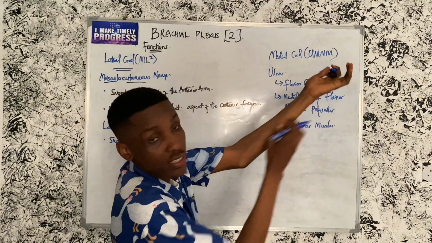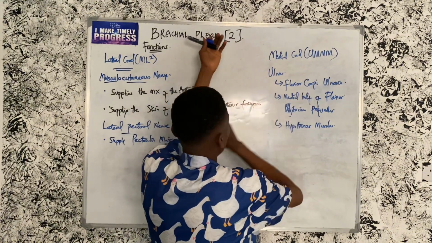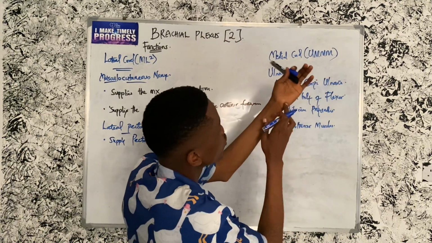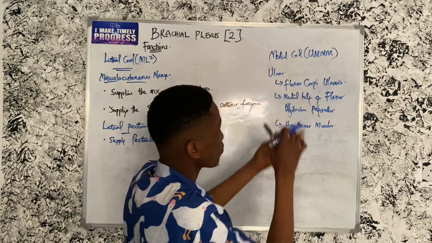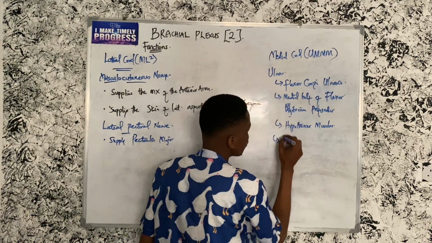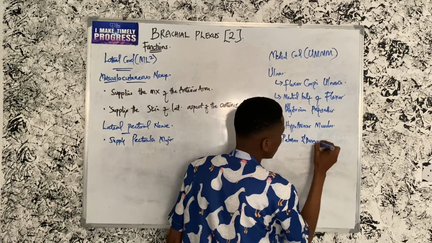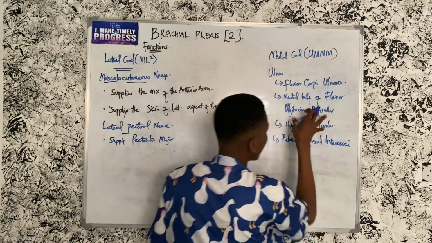Remember, this is the ulnar part. So the ulnar nerve will come down this way, supplies flexor carpi ulnaris, the medial half of flexor digitorum profundus, and the hypothenar muscles. We have some muscles here we call interossei. So it will supply both the palmar and dorsal interossei. All of these are just muscles within the hand.